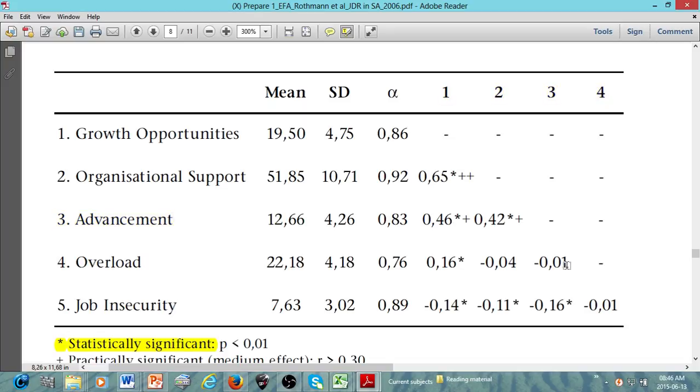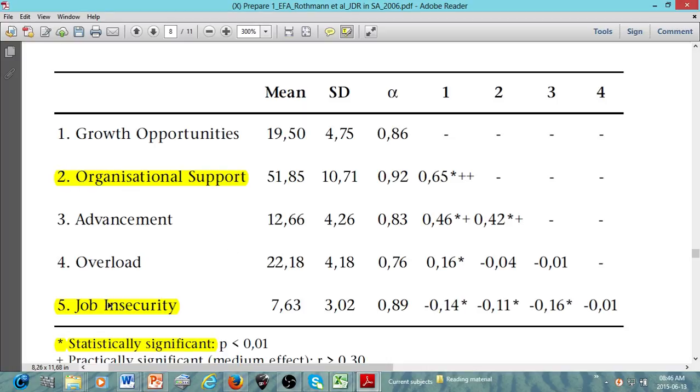Okay, so let's look at the correlation coefficient between job insecurity and organizational support. We've got job insecurity over here. What is organizational support referred to by? Look over here, okay, 2.